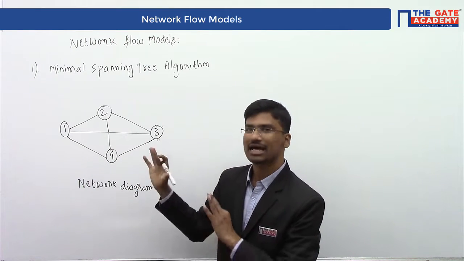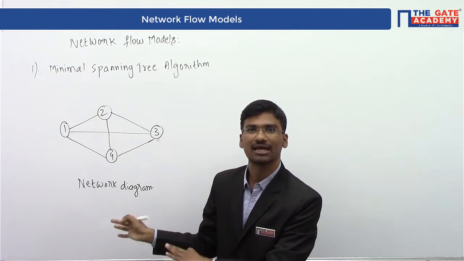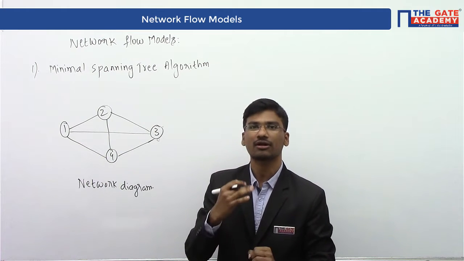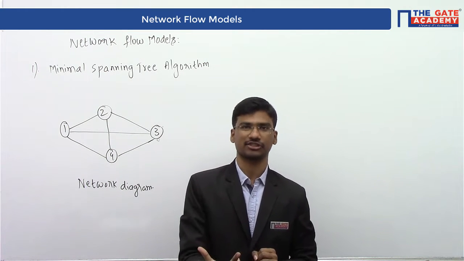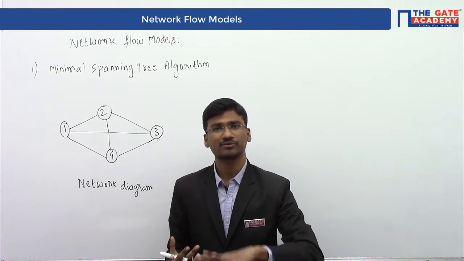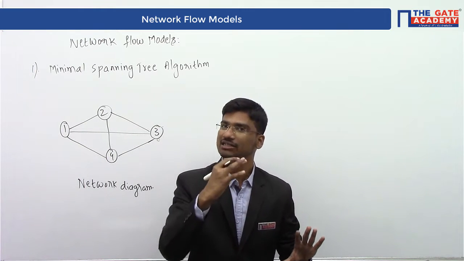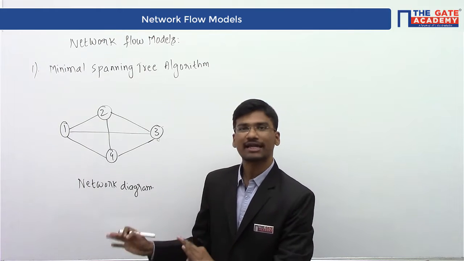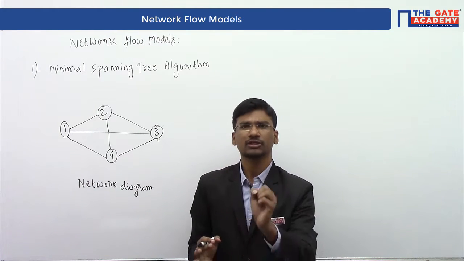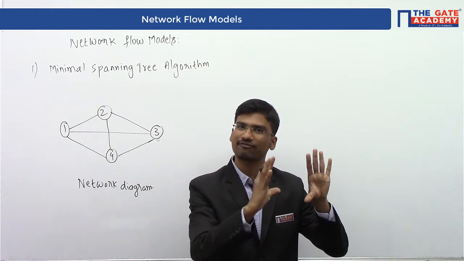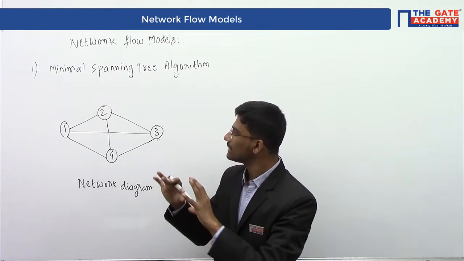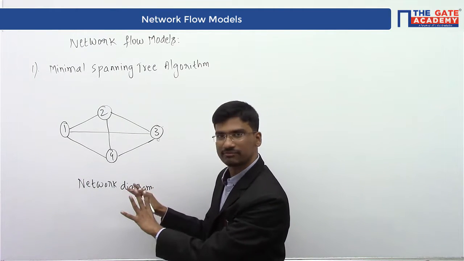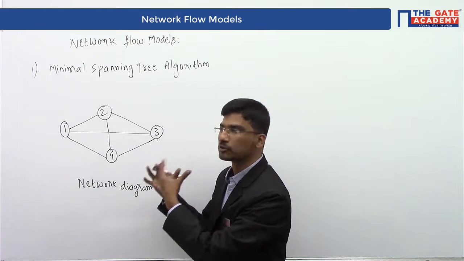The specialty of this algorithm is that it can deal with network diagrams which do not have any directions. The diagrams in PERT and CPM are directional, and these are non-directional. That is project management, a different application. Now we will see the application of these network diagrams, and then we will come to the procedure.